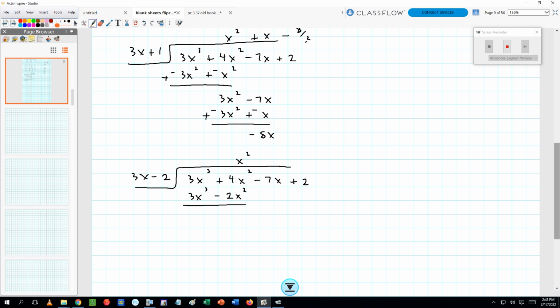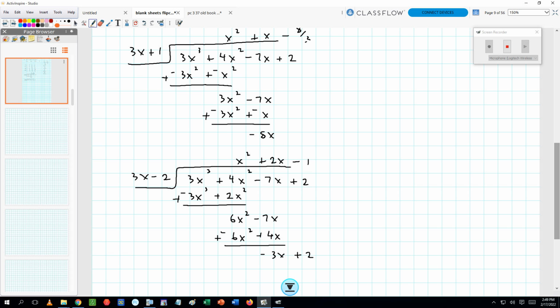Subtract, but I'm gonna add opposites instead. That gives me 6x squared. 3x and the 6x squared will be a positive 2x. That'll be 6x squared. Take away 4x. Subtract, add opposites. That's going to give me a -3x plus 2. And that is -1. There we go.